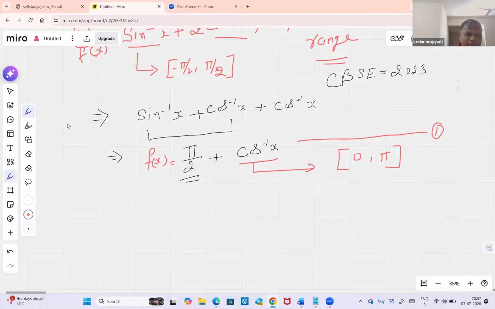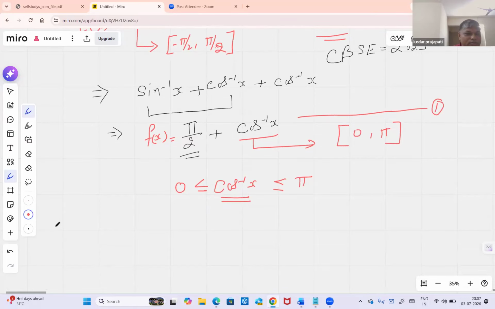Now tell me how we will do it. So for cos inverse x, the range is between 0 to pi. Now I need f of x. This is not f of x now. What I will do? If I add pi by 2 here, then I will get f of x.